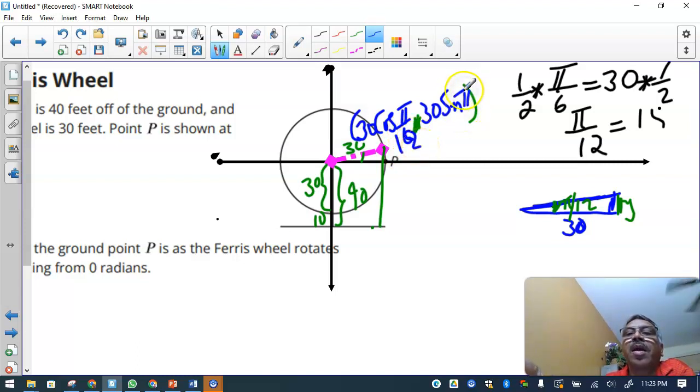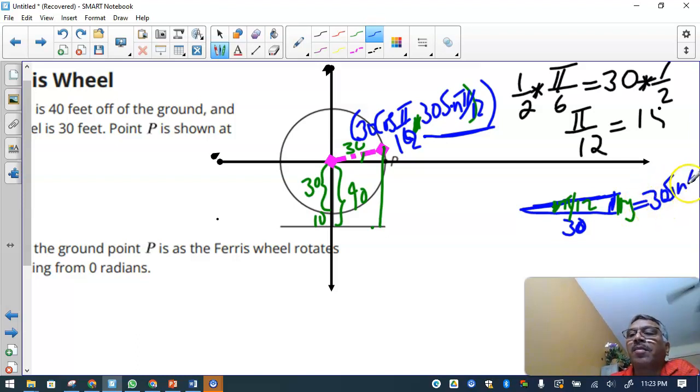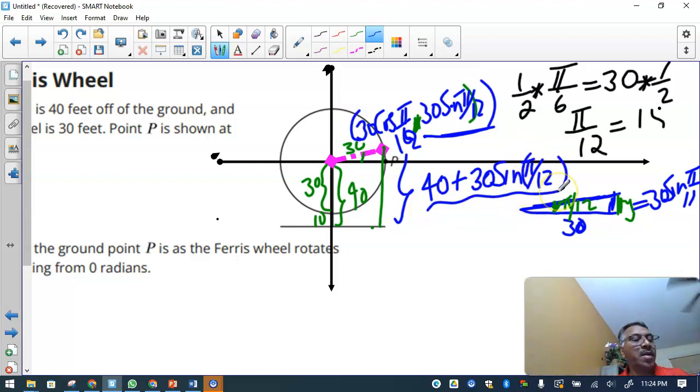So that little skinny part, that y, is 30 sine of pi by 12. So your answer will be 40 plus 30 sine of pi by 12. I don't know why they give this one. If you use the calculator, you will get around 48 feet.